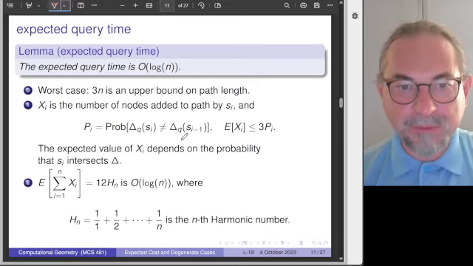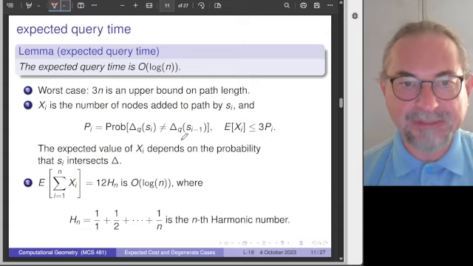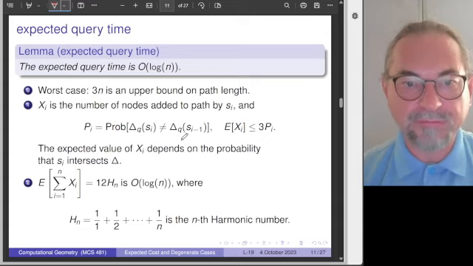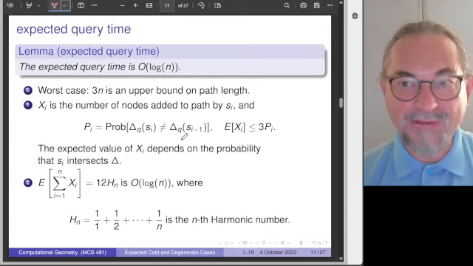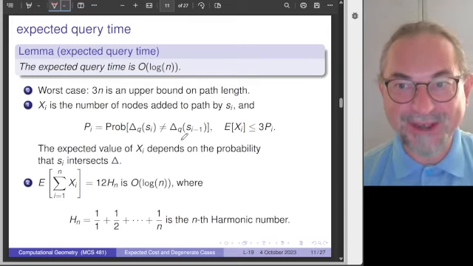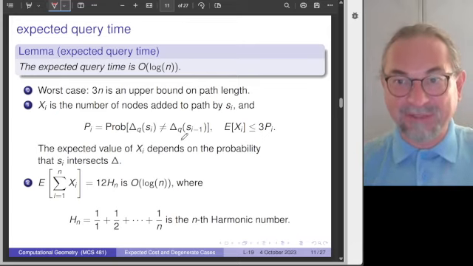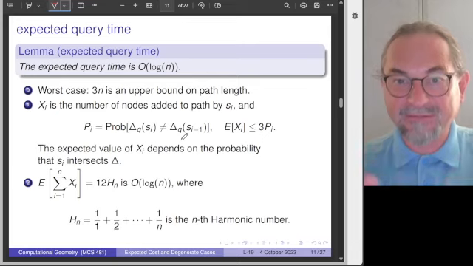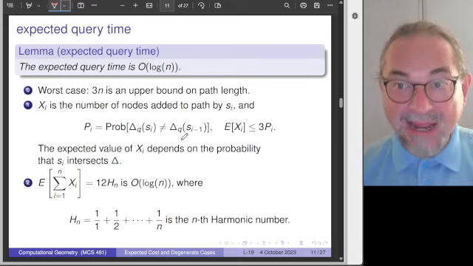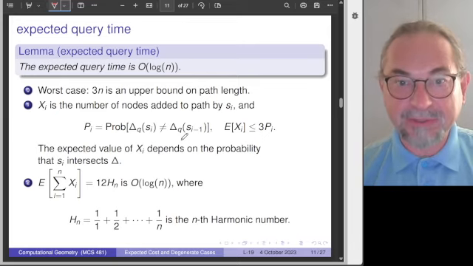But in the proof, we will have to make sure that the expected total number of nodes is actually 12 times the harmonic number, which is often very odd, because with the expected number, the average, it seems like we are dealing with probabilistic things of chance. Anything can happen. That is true. But the average is actually a very precise number. So it is the harmonic number.